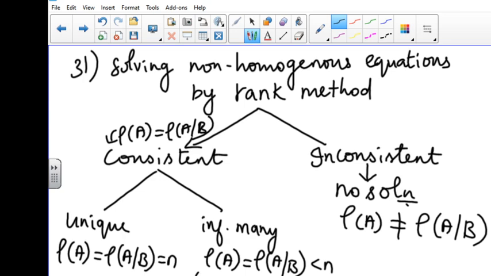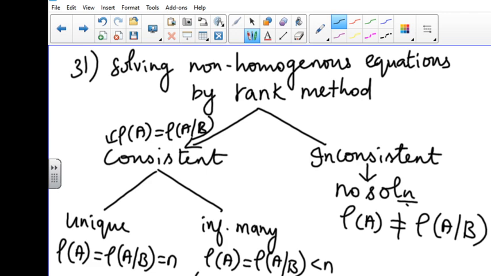If n minus rank is equal to 1, one parameter will be applied, family of solutions. If it is equal to 2, two parameters will be applied.